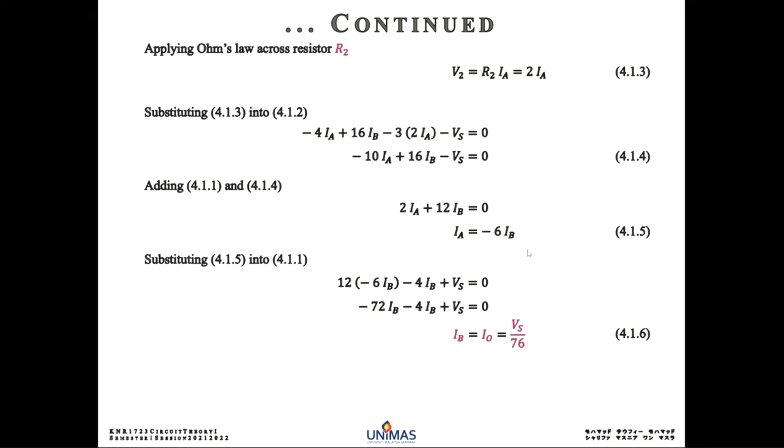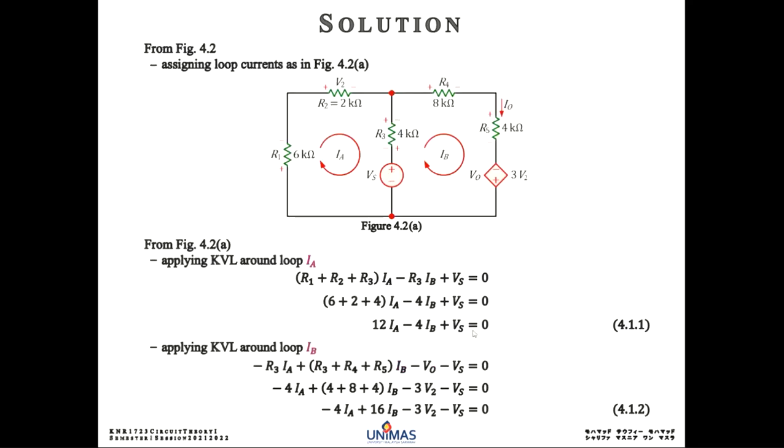If you look there, you have the relationship between I naught and Vs. I naught is equal to Ib. So we assume Ib, the current in the mesh analysis, is actually the I naught.